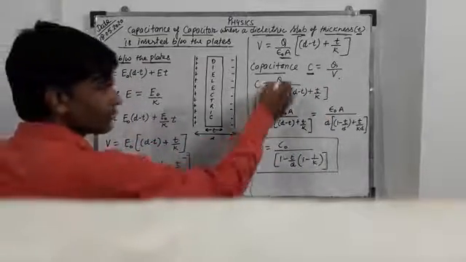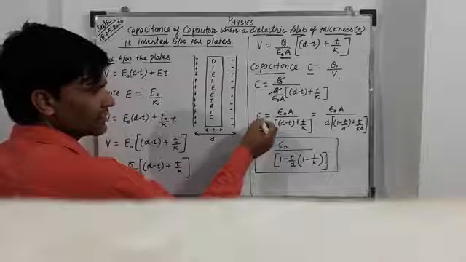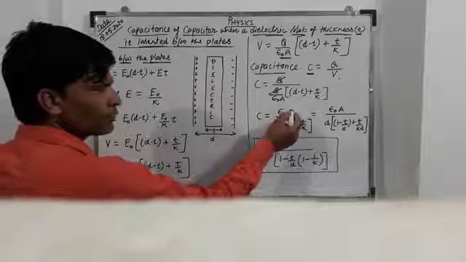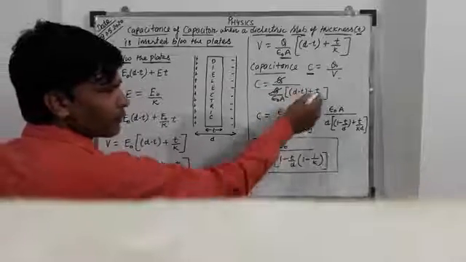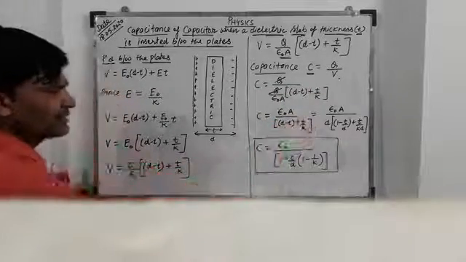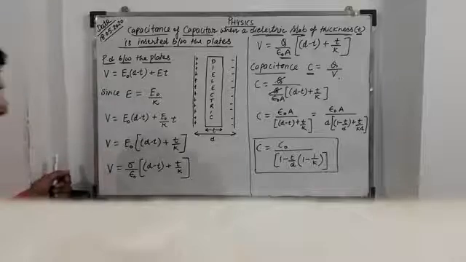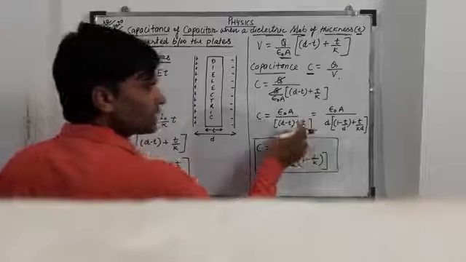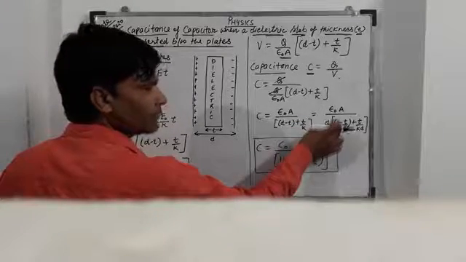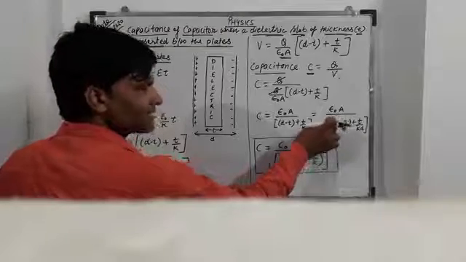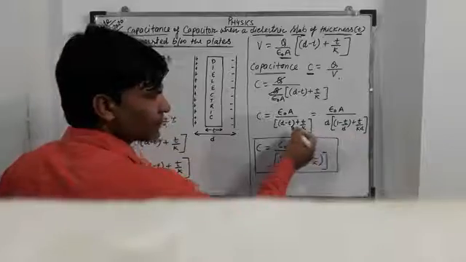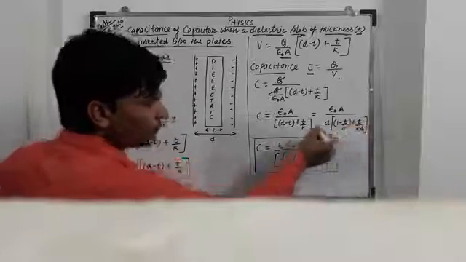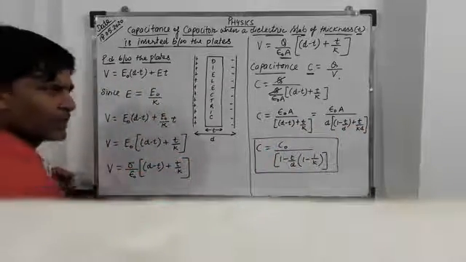By cancelling Q, we get C is equal to epsilon naught A upon d minus t plus t upon k. Now from here, if we take d as common, then we get 1 minus t upon d plus t upon k d.